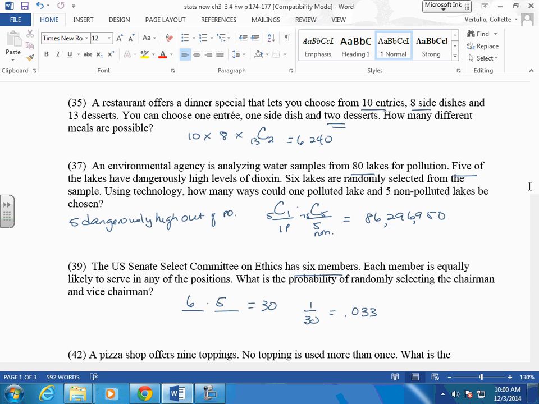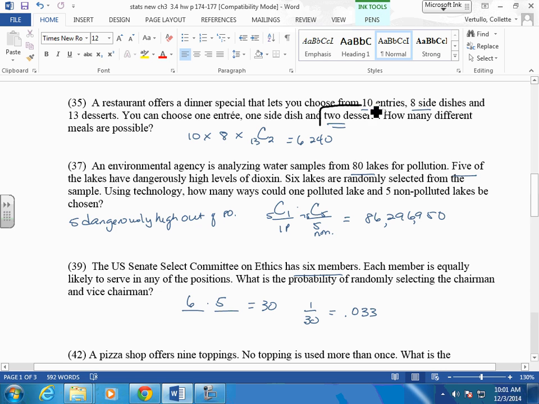A restaurant offers a dinner special that lets you choose from 10 entrees, 8 side dishes, and 13 desserts. You can choose, did we do this in class yesterday? No? 1 entree, 1 side dish. We did. Yeah. And normally we do 1 dessert, so that was your counting principle, right? But this one changed.